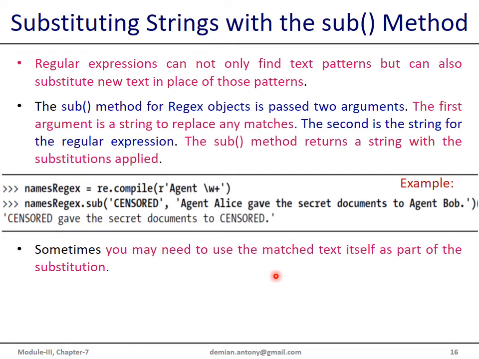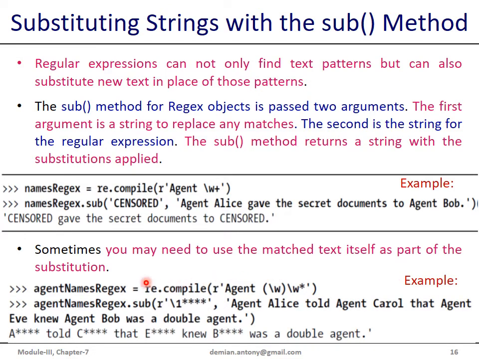Suppose you want to put the matched text, or even a portion of the matched text, into the substitution. This can be done by using grouping. Let us take up the example. Here we use the same pattern, Agent, but we have created a group here. \w is at least a group containing one letter, followed by zero or more letters.